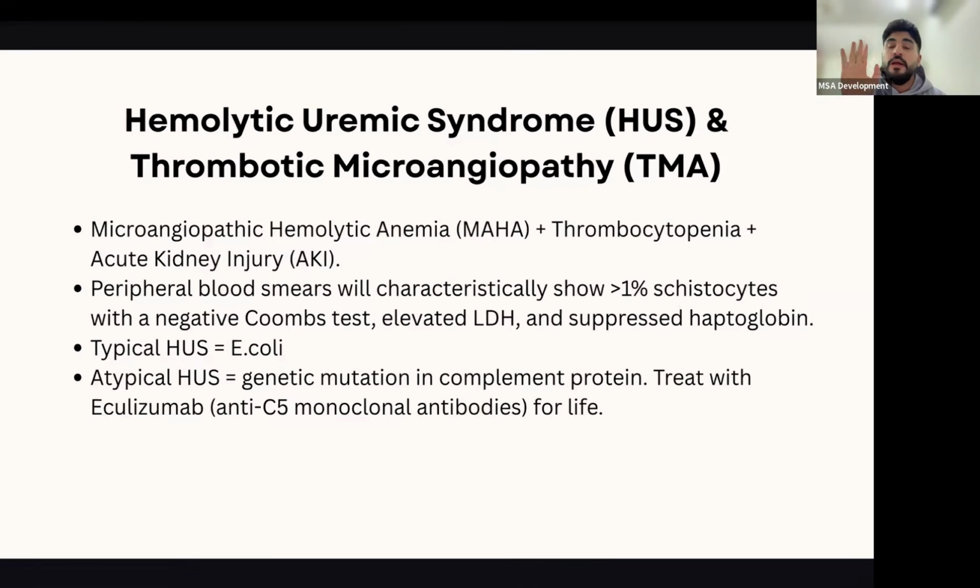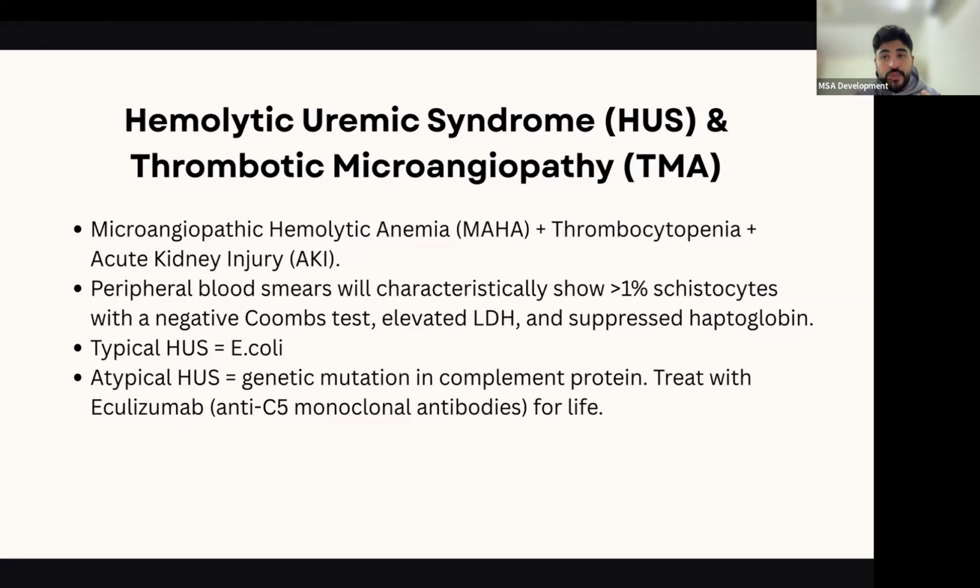So keep that in mind. Blood smear, again, is going to show schistocytes. They're going to have negative Coombs test, elevated LDH, not as much as important. We have two types of hemolytic uremic syndrome, the typical one and the atypical one. The typical one is due to E. coli. The atypical one is a genetic mutation in your complement system.